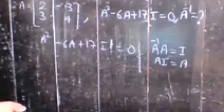So you write here the property which you are applying. A inverse A can be written as the identity matrix. You know this result. A inverse A is equal to I, and A into I is equal to A. So using these two properties, you can very easily find the value of A inverse.